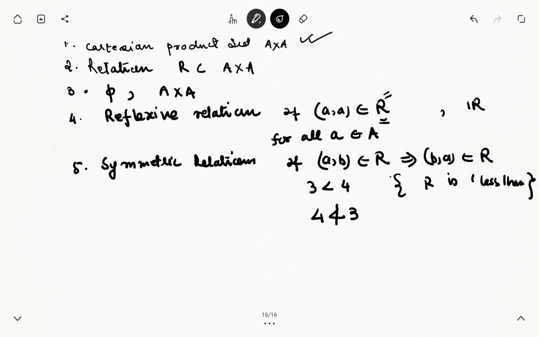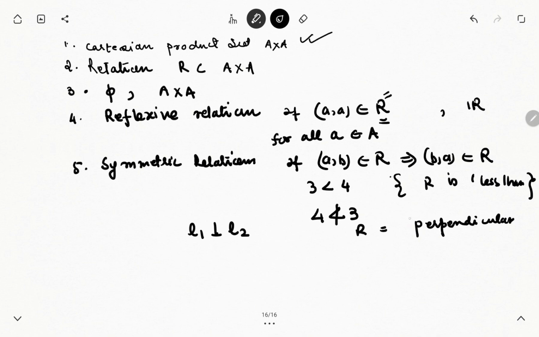So how can we give an example of a symmetric relation? I'm giving you one. L1 is perpendicular to L2. So here R is defined as perpendicular. This is the beauty of maths, that you can have all the examples.